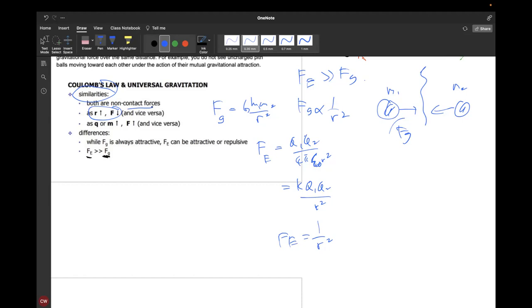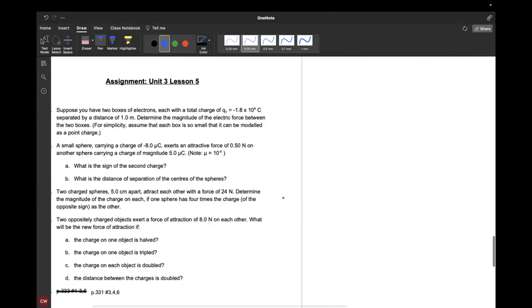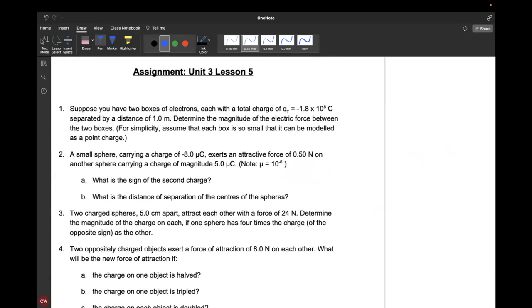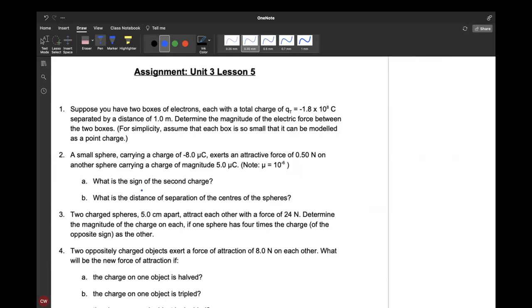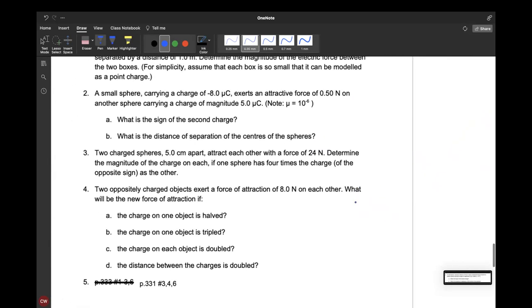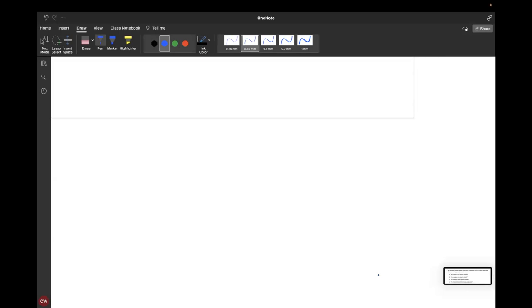Both of them are non-contact force. So this is one. Let's see question one.